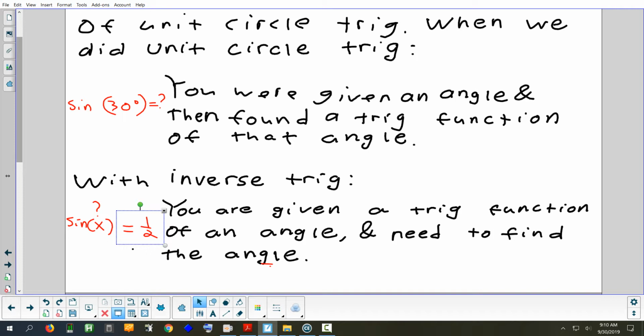Any question on the difference between the kind of thing we did last week and now the kind of thing we're doing this week with inverse trig? So bottom line, what you want to remember is now you are solving for an angle. That's what you're giving me, an angle.